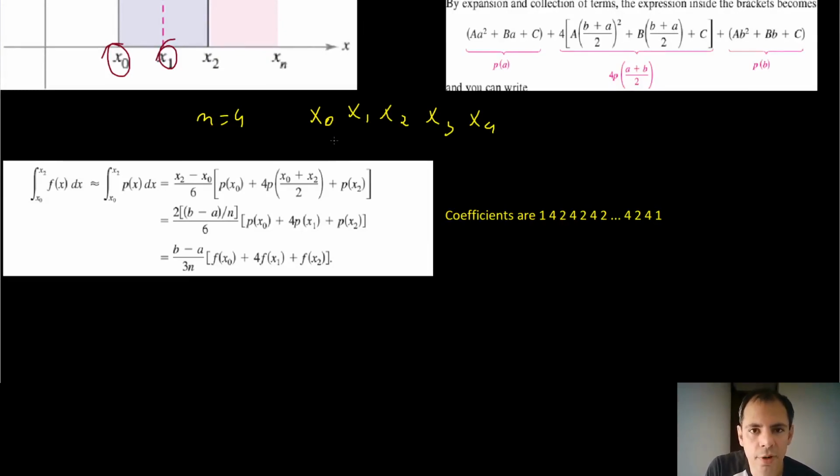So you're going to have the first set of two intervals, which is going to go like here, and then you're going to have the second set of two intervals, which is going to go like here. Now, you see that the coefficient here is 1, of this one is 4, and of this one is 1. Now, for the next set, this coefficient is 1, this one is 4, and this one is 1. So you can see that this x2 in here is going to be used in this one, and it's also going to be used in this one, so it's used twice.